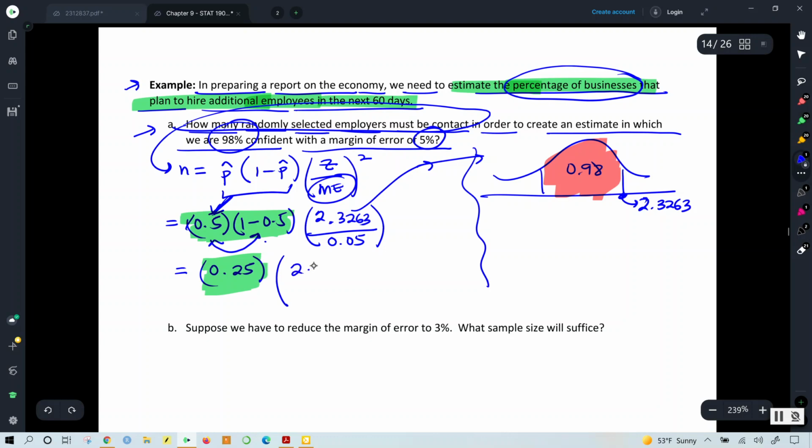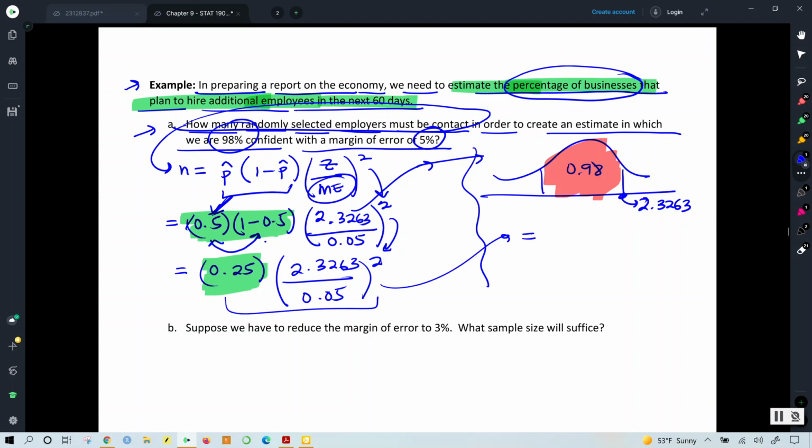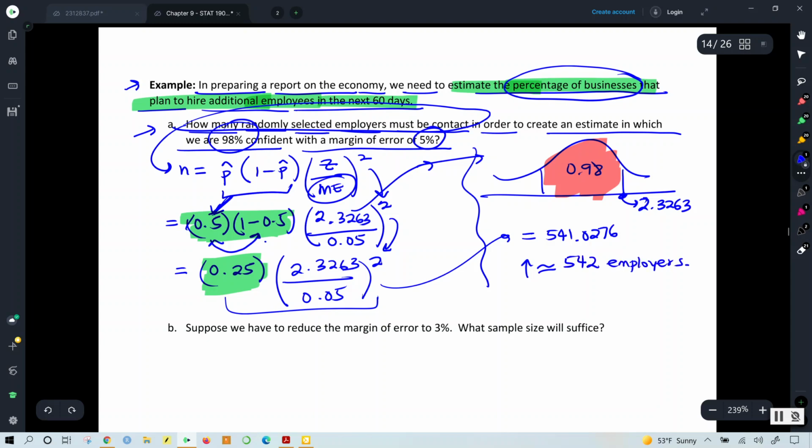So 0.25 multiplied by 2.3263 divided by 0.05, and there should be a square there. If you compute all of this, it is approximately equal to 541.0276, and so we round up to approximately 542 employers who should be contacted.